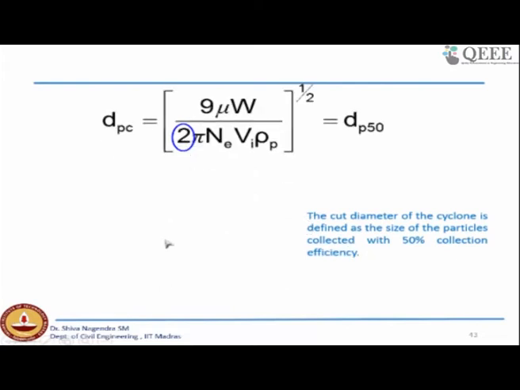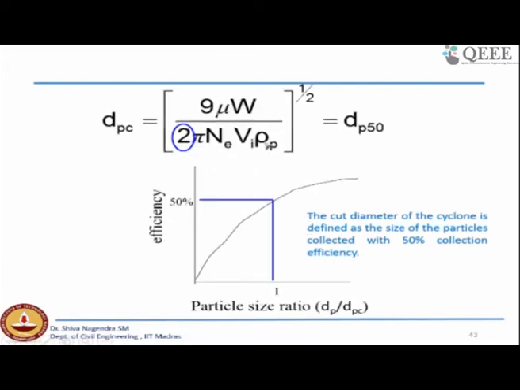But we are interested in collecting at 50% efficiency, because you can't expect only uniform size particles in the gas. So you try to find out the 50% cutoff diameter, or cut diameter, that can be used for designing the efficiency of the cyclone.